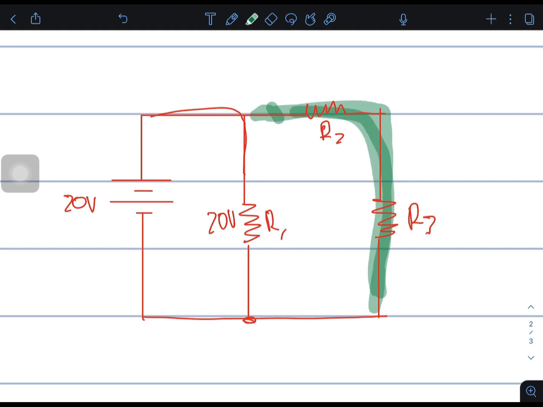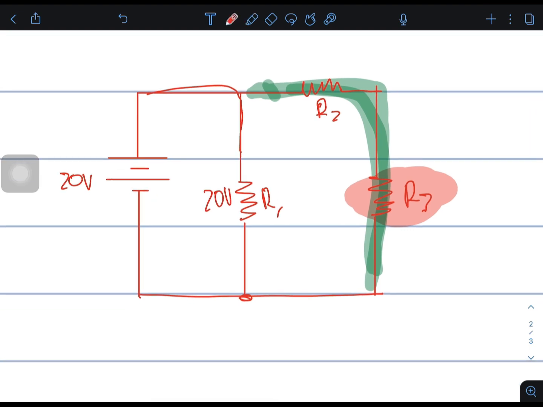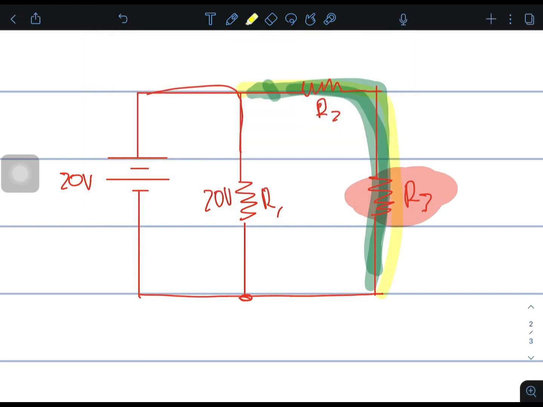They're gonna share that 20 volts. We only want the voltage across this resistor. We know that the total voltage on this circuit is 20 volts, and that 20 volts is shared between R2 and R3 because they are in series with each other.